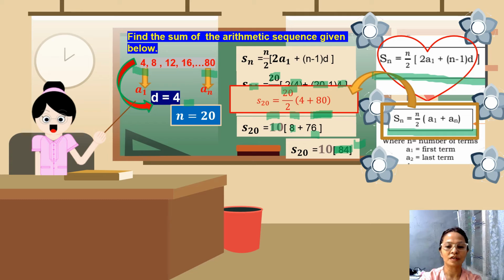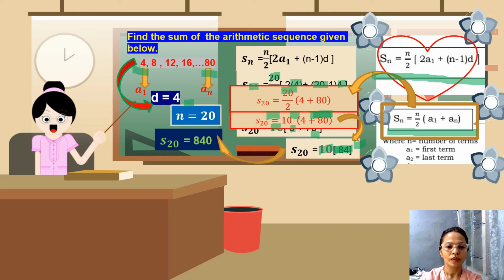And 20 divided by 2 is 10. So again, 84 times 10 is the sum of the 20 terms between 1 and 81 which are divisible by 4, equivalent to 840.